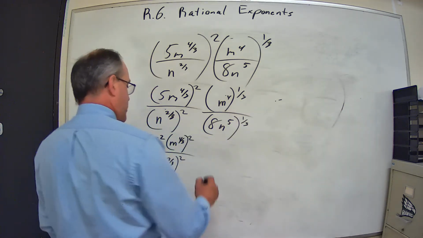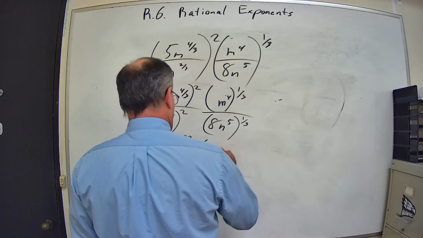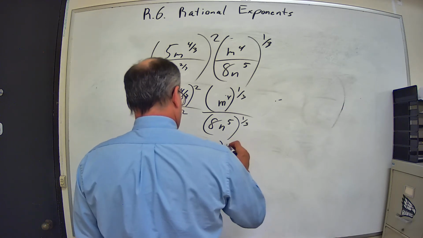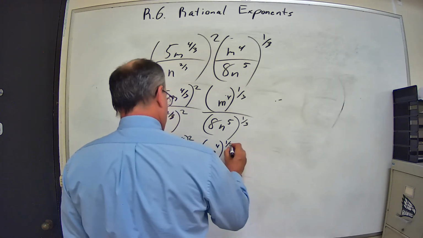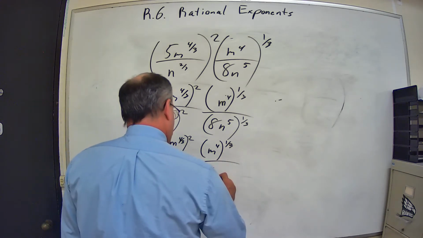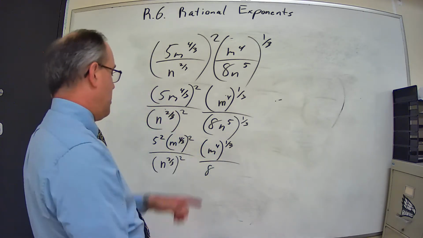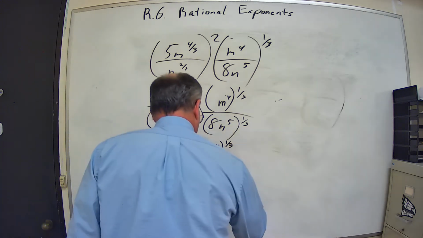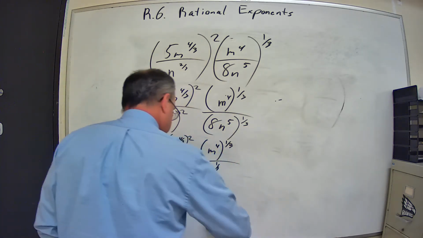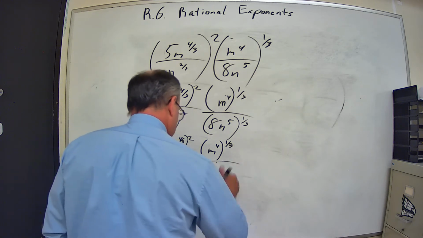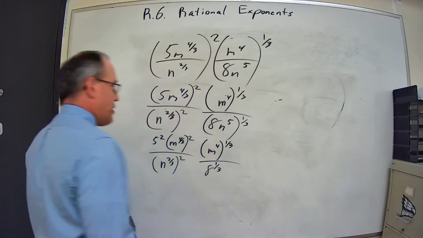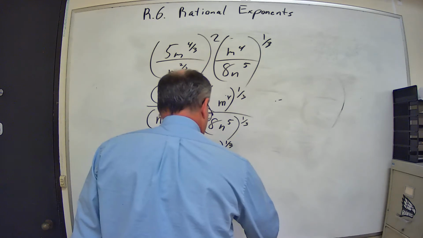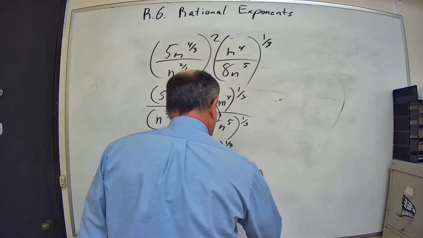And these just stay as they are, so I'm just going to write them down quickly. m to the 4 to the 1/3. And, well, actually, this one, we have to split up, right? 1/3, so 8 to the 1/3. Just trying to make my 1/3 actually look like 1/3. Times n to the 5th to the 1/3.